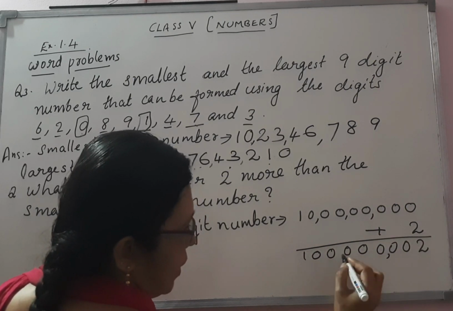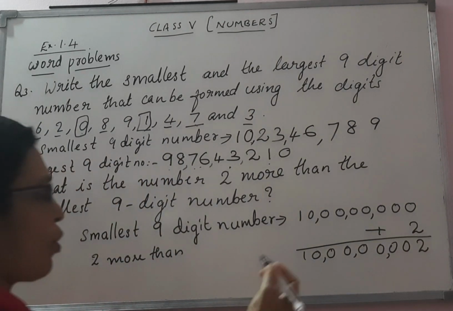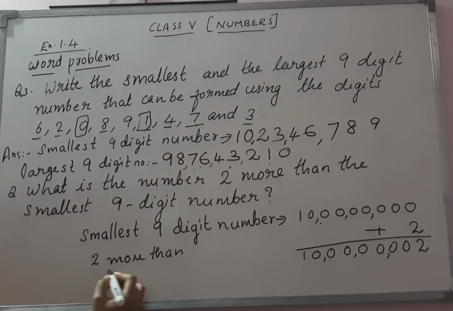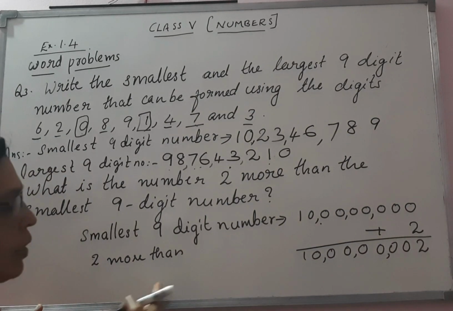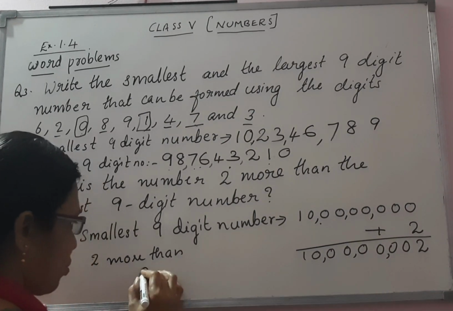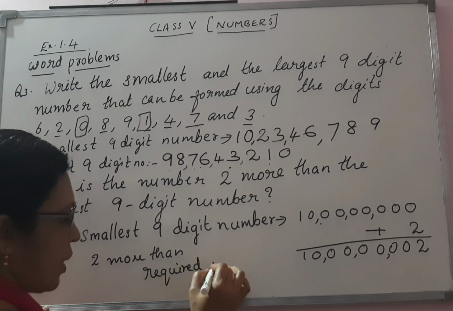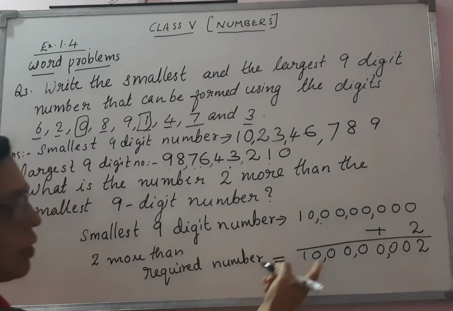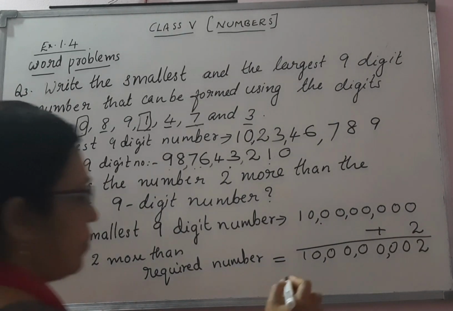So you will get 10 crore and 2. 10 crore is the smallest 9-digit number, and if you add 2, since more than means add, you are getting the required number. So we can write here the required number is equal to 10 crore 2.